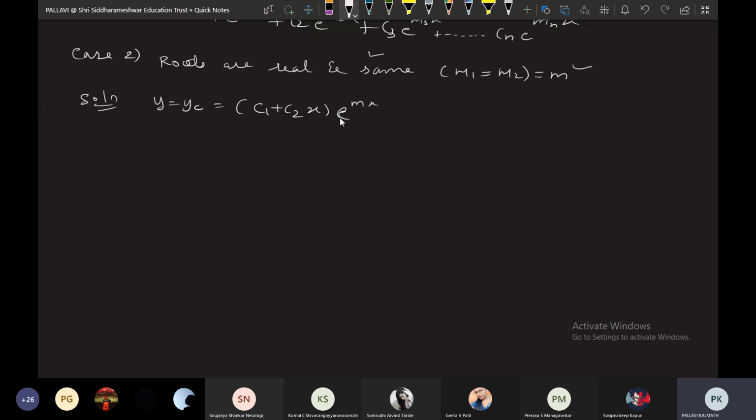Okay, when you have same roots, you will write c1 plus c2, you multiply one variable x, then e raised to the power mx. Suppose you have m1, m2, m3 and so on up to mn and all are m only, what will be the solution? How will we write the solution if you have so many roots?